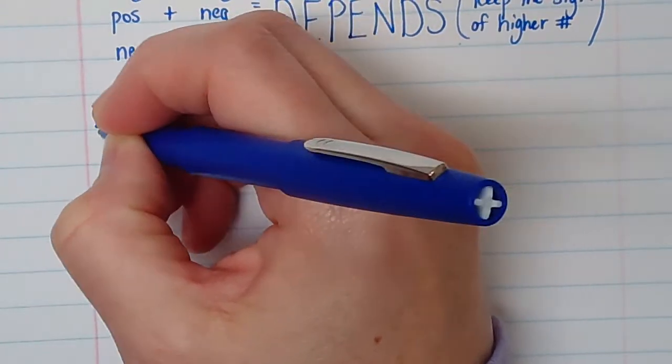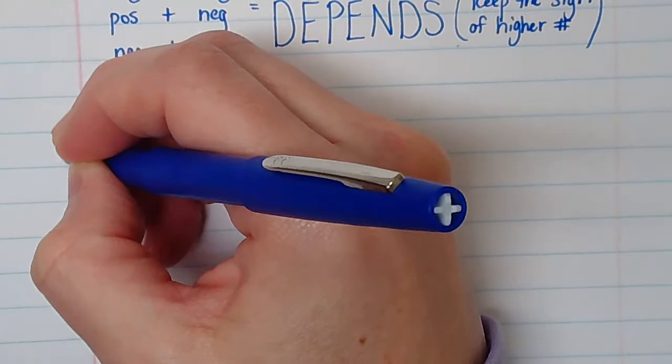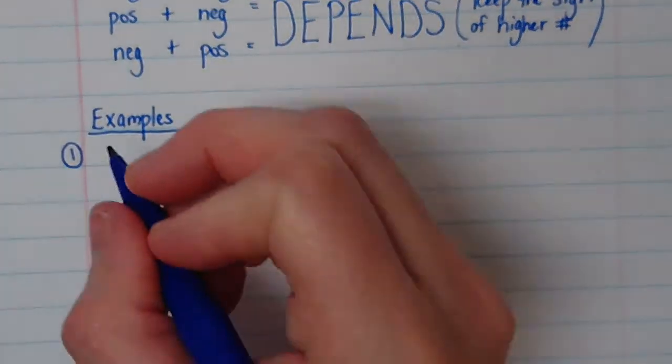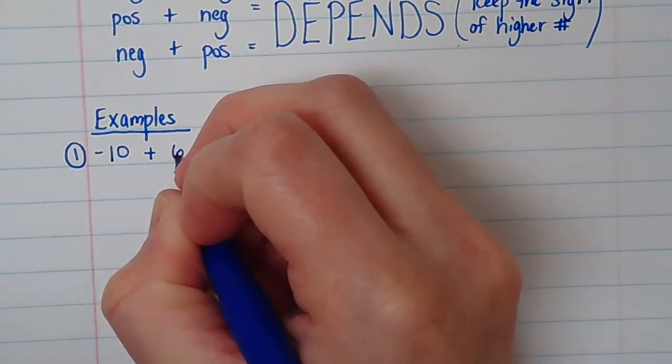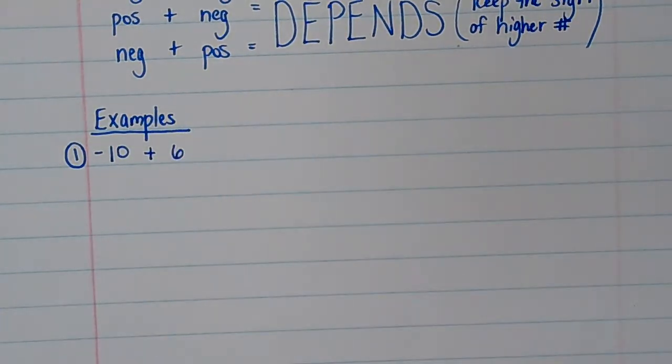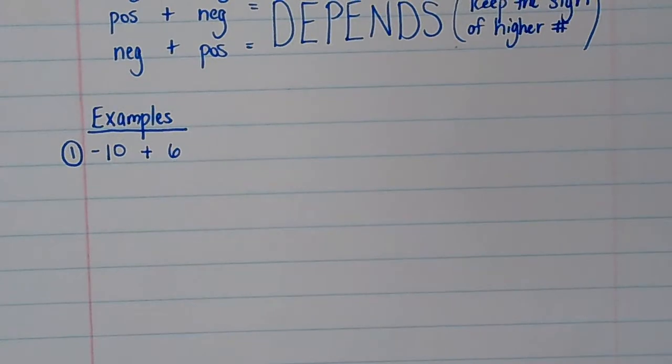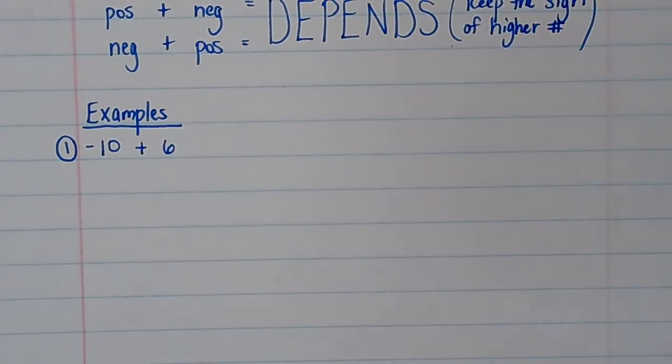Okay. So if we have negative 10 plus 6, I like to use different colors so that it helps you visualize the positives and negatives.